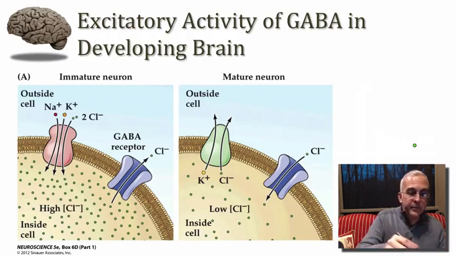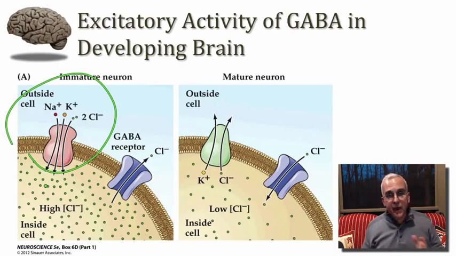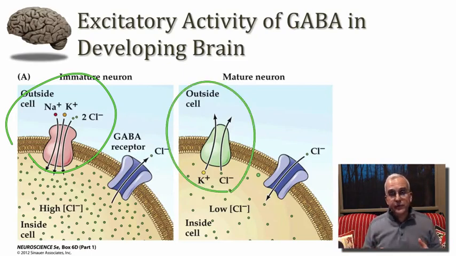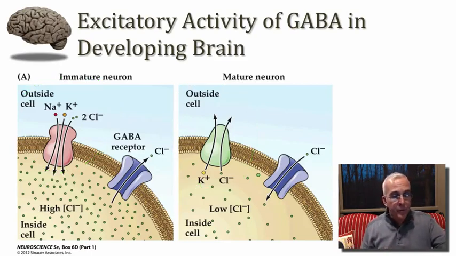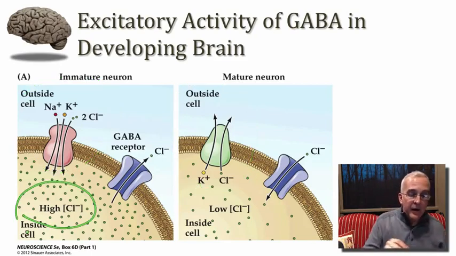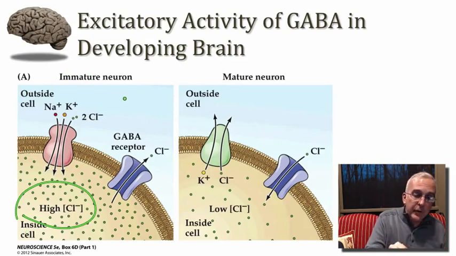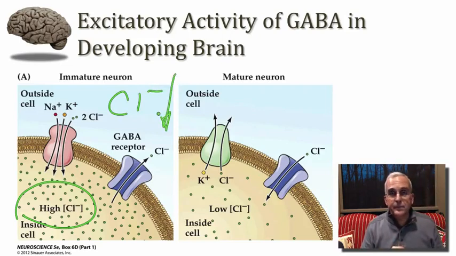What we find is a particular type of chloride transporter that is expressed in immature neurons, and then as these neurons grow up a bit, a different transporter is expressed, and that transporter reverses the chloride gradient. So in an immature neuron, we typically have high chloride concentrations in the cytoplasm and low chloride concentrations in the extracellular spaces.